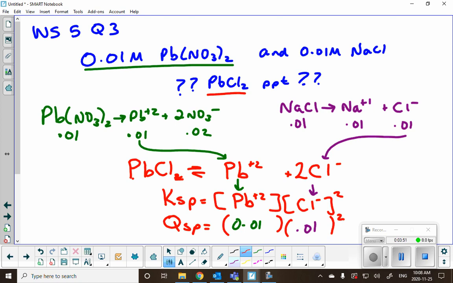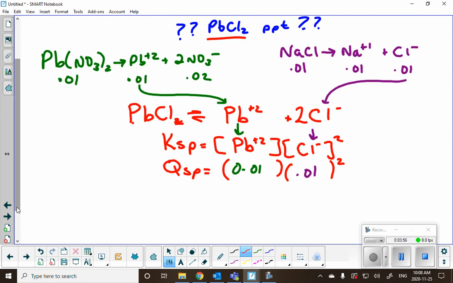We first square chlorine, so 0.01 squared, multiply that by 0.01 again, and that gives us our value for Qsp. The value we get is 1 times 10 to the -6.